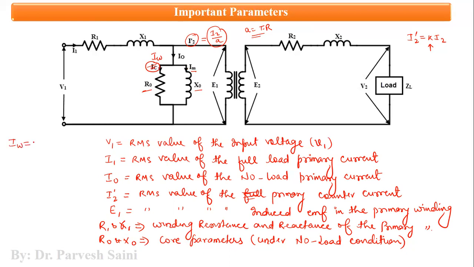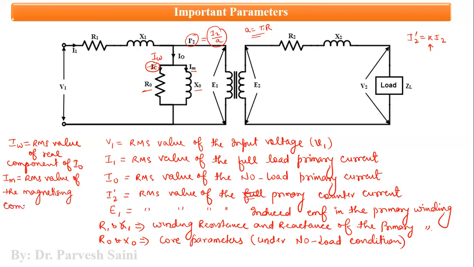IW is the RMS value of the real component of I naught, and similarly IM is the RMS value of the magnetizing component of I naught. So all these parameters are associated with the primary winding.